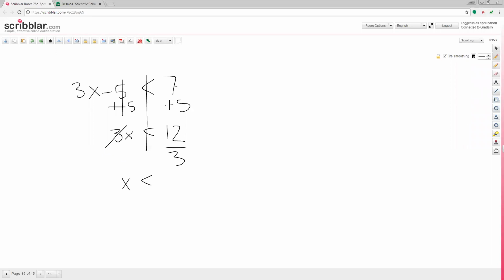Bringing the x down, taking away the 3. So 12 divided by 3, right? Mm-hmm. Which would be 4. Good. So x is less than 4. This time don't flip because we didn't divide by a negative 3. If this was divide by negative 3, you flip. If not, we just leave it.